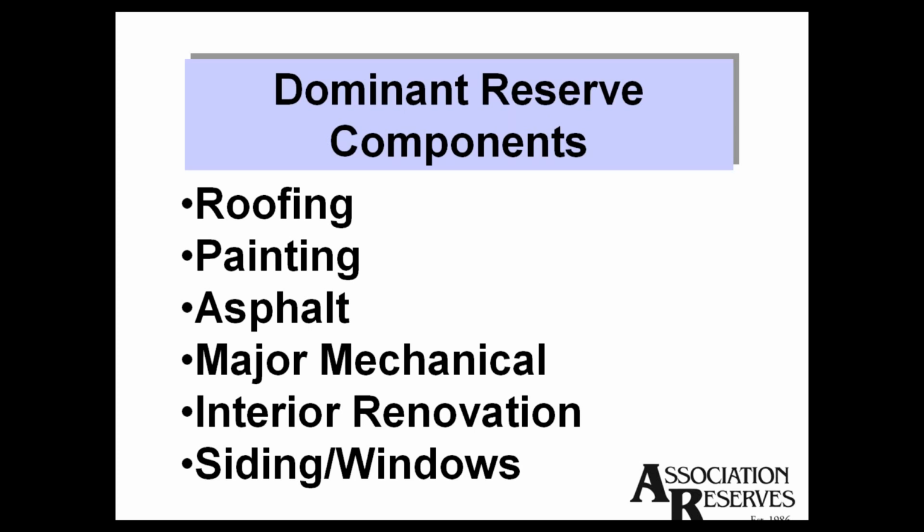And in mid or high-rise condos, you typically don't have as much asphalt or roofing, but you do have major interior hallway projects and major mechanical projects such as HVAC systems, boilers, elevators, fire alarm systems, things like that. And in HOAs or planned developments, it's usually the roadway system and recreational components that are your most dominant.